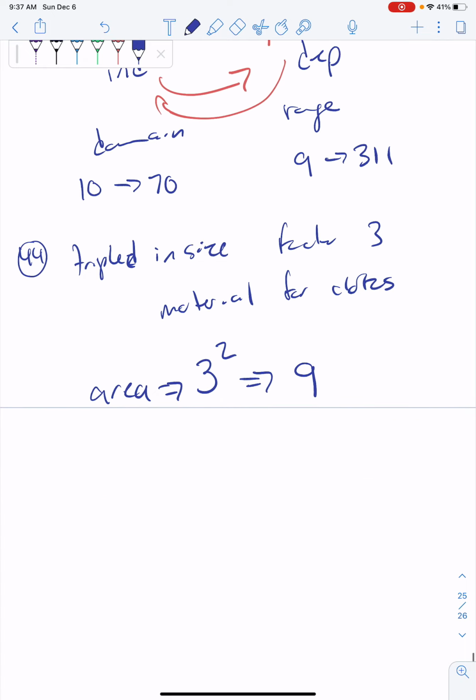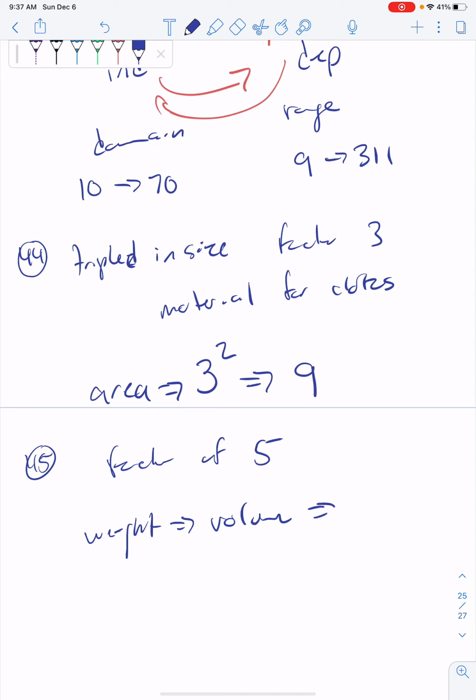Okay, number 45 says that you quintupled. So you went up by a factor of 5. What factor has your weight increased? Okay, well, weight is volume, and volume increases by a cube factor. So I have to take that 5 and cube it.